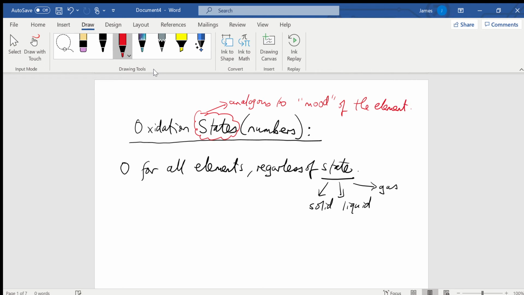So just like you and I can have different moods, same person, different moods, we're influenced by our environment, then elements can have different moods, so to speak, influenced by their environment. Okay, so let's look at some examples of oxidation numbers.